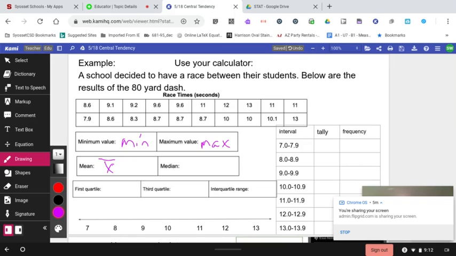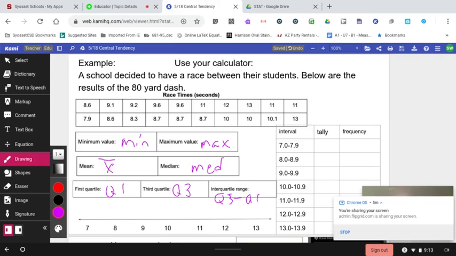The median. The first quartile would say Q1. The third quartile would say Q3. And the interquartile range you would have to figure out by subtracting Q3 minus Q1.